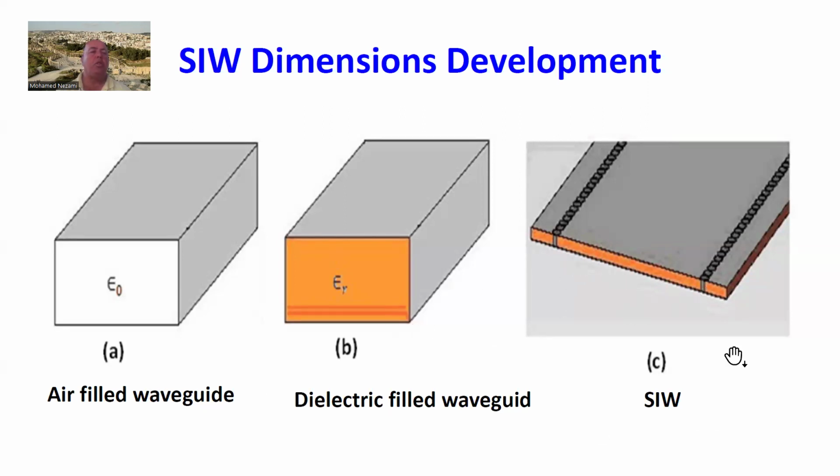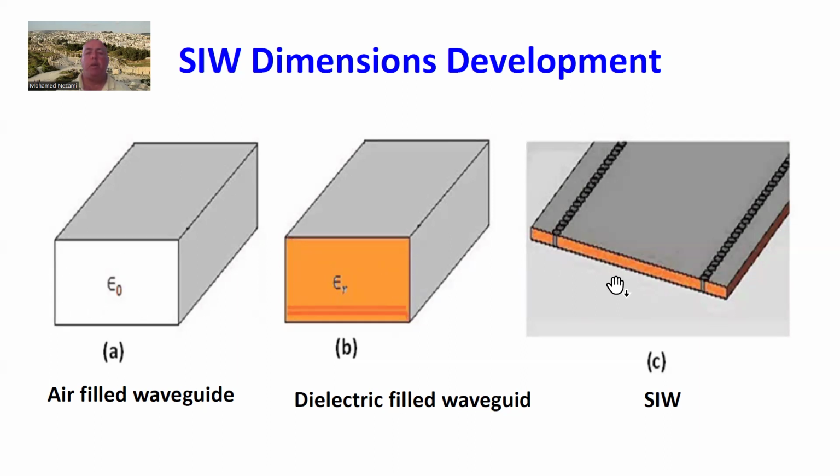So the mathematics is really easy for developing the parameters of the substrate integrated waveguide. Basically, we take a conventional waveguide, we convert it to a dielectric filled waveguide, and all it is, is the dimensions are reduced by the square root of the permittivity, in this case epsilon r, because in here it's air.